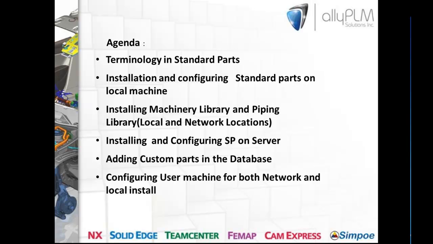Once we're done with that, I'll cover how to add custom parts in the database, and also how to add a family of parts inside the standard part database. Once we go through all that, there are some specific settings which you need to configure for user machines if you're doing a network install, and I will cover that.